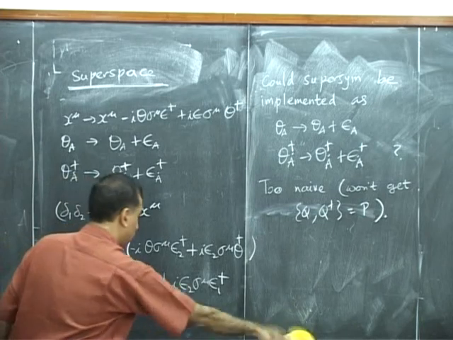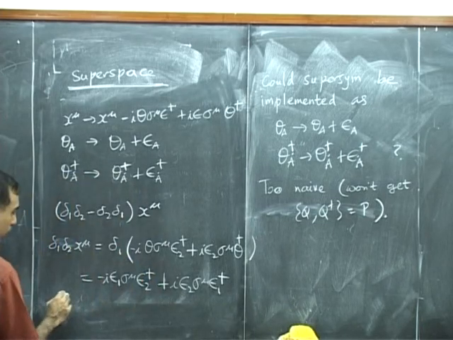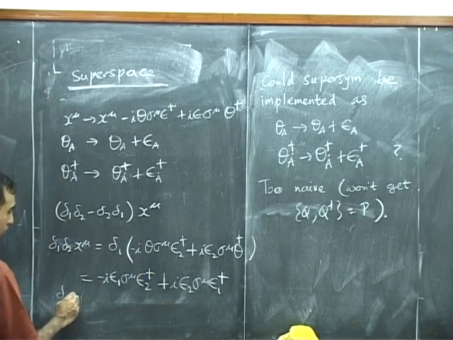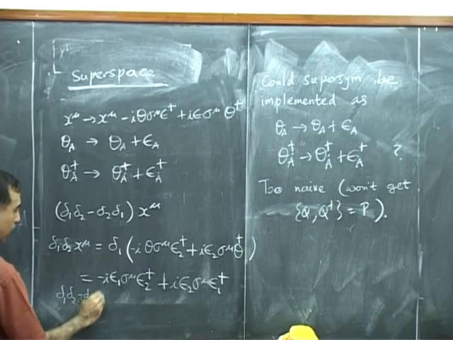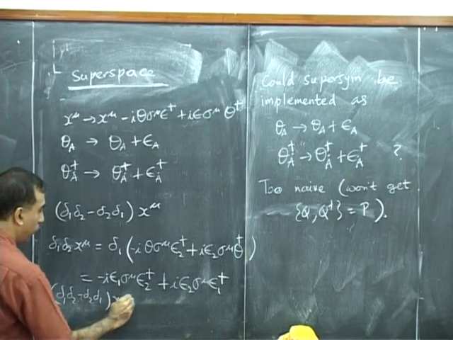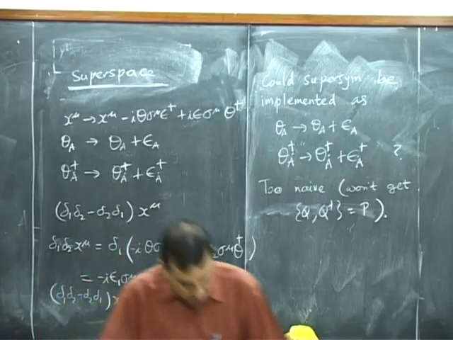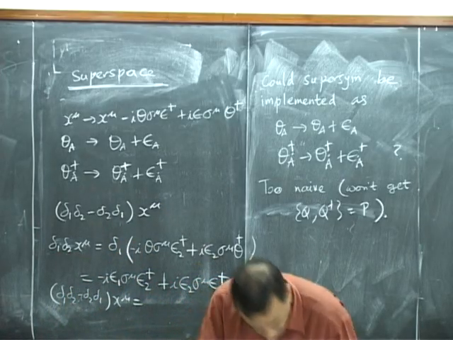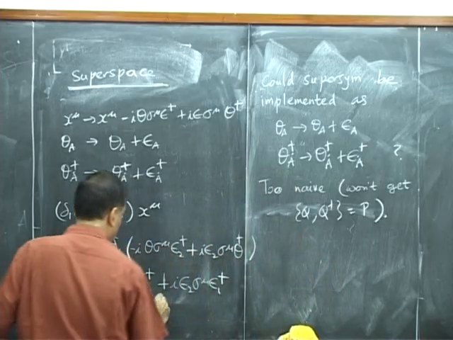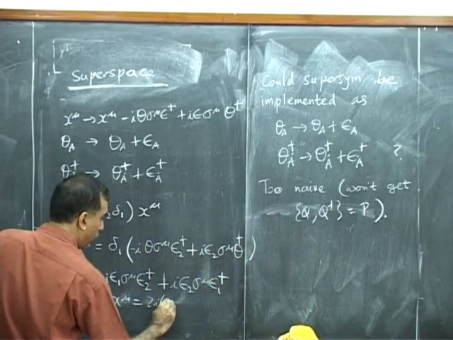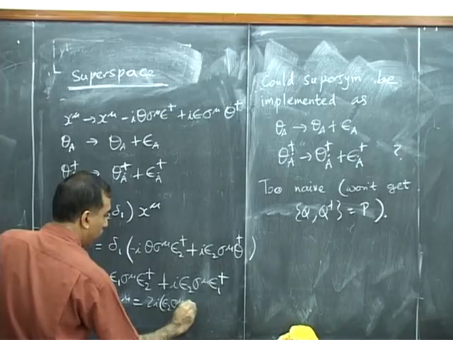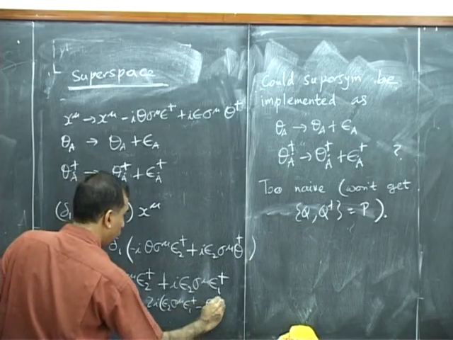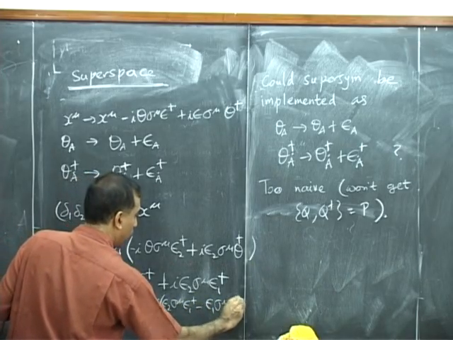This is only delta 1, delta 2, but it follows that delta 1, delta 2 minus delta 2, delta 1 on X mu is, with a factor of 2, 2i times epsilon 2 sigma mu epsilon 1 dagger minus epsilon 1 sigma mu epsilon 2 dagger.